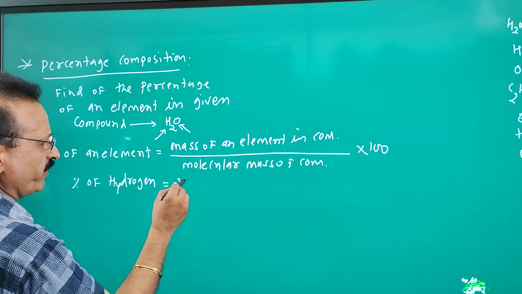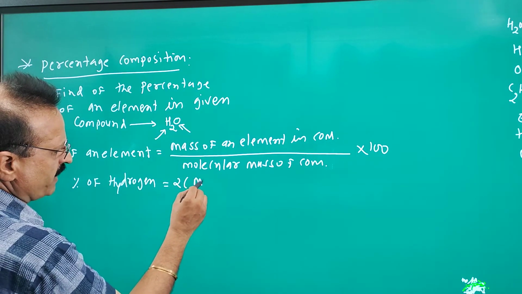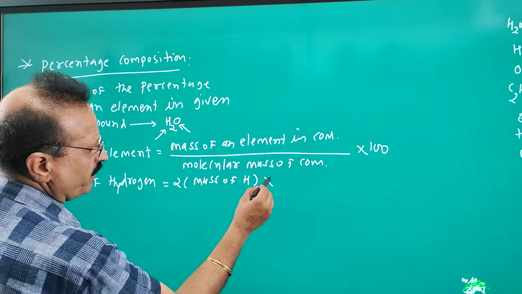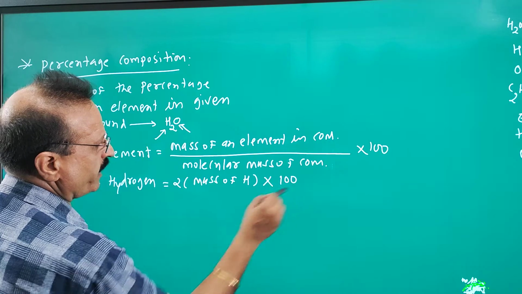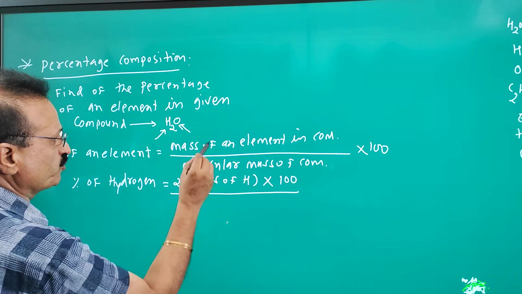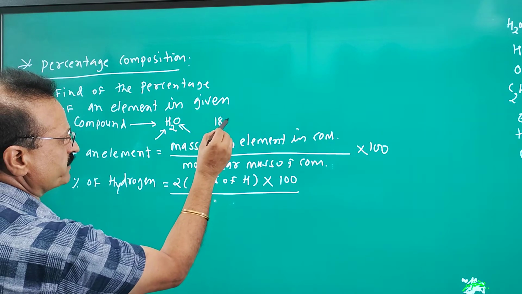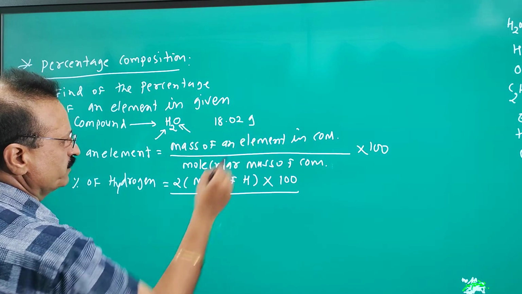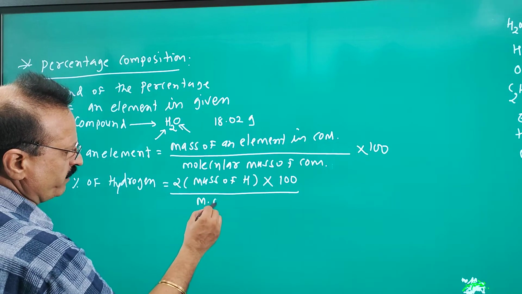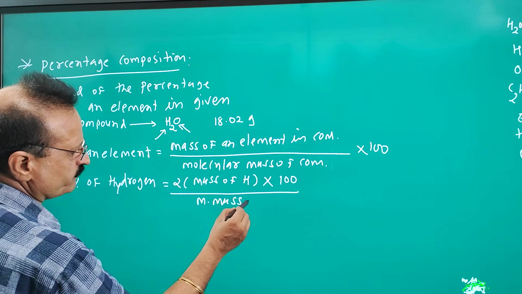So we have to calculate 2 into the mass of H into 100 upon the molecular mass of H2O, which is 18.02 grams. So we have to put in the value of the molecular mass of H2O.